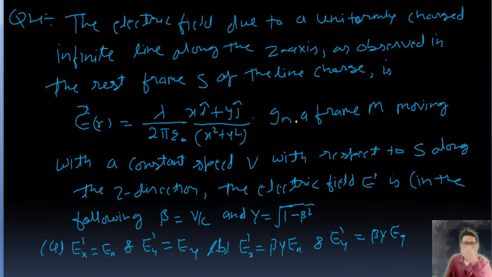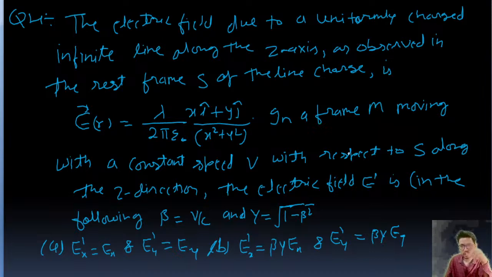Okay, this is the electric field given in a frame S. There is another frame M moving with constant speed v with respect to S along the z direction.